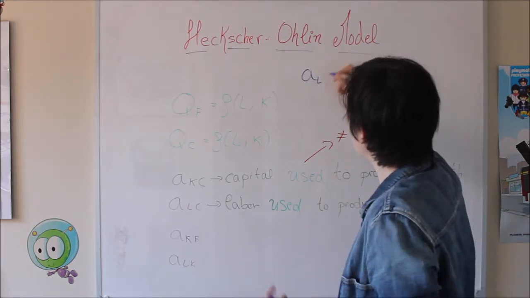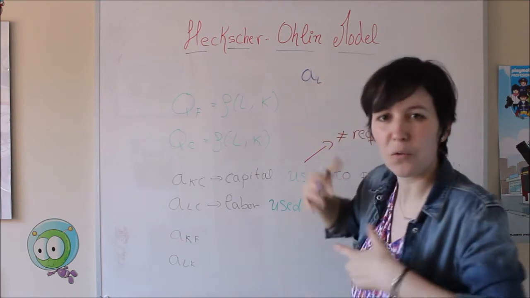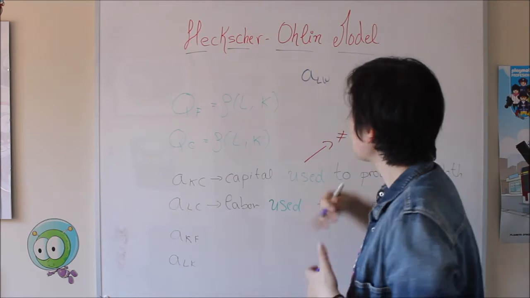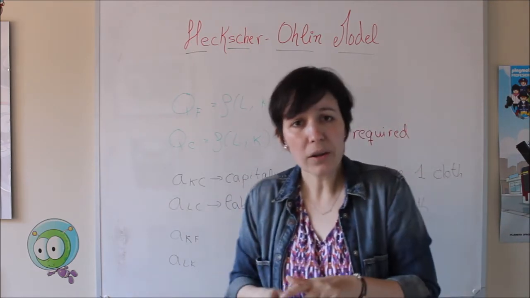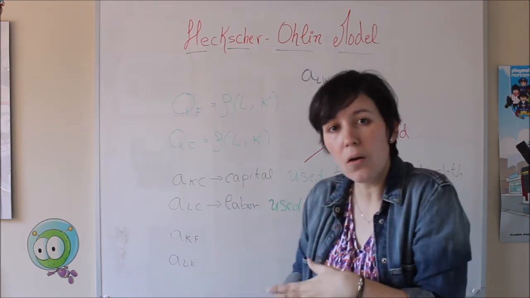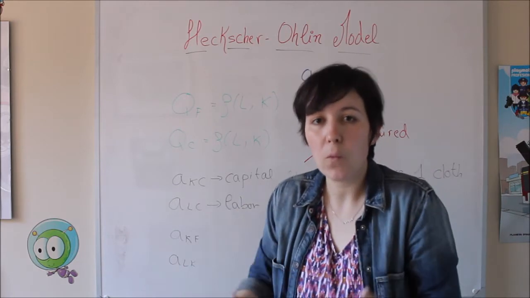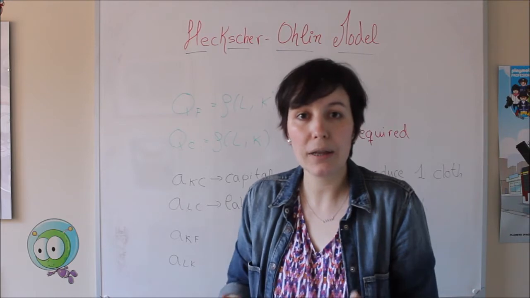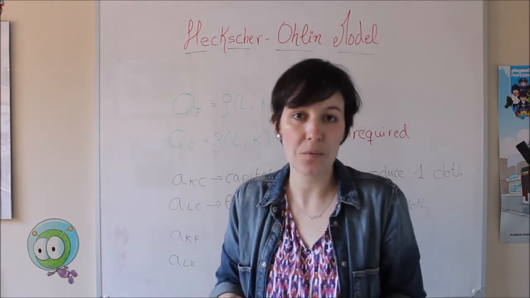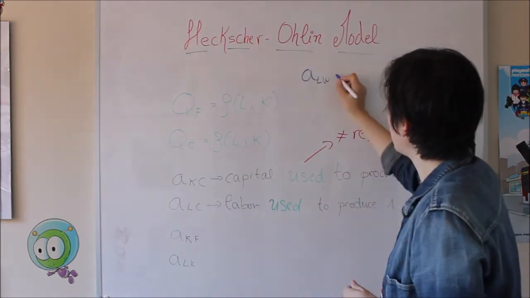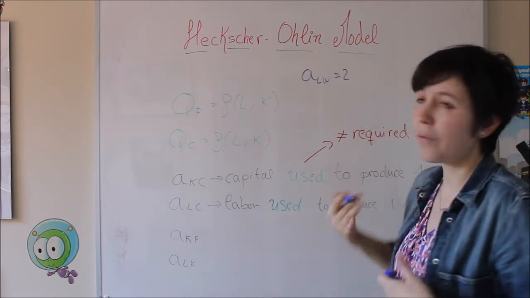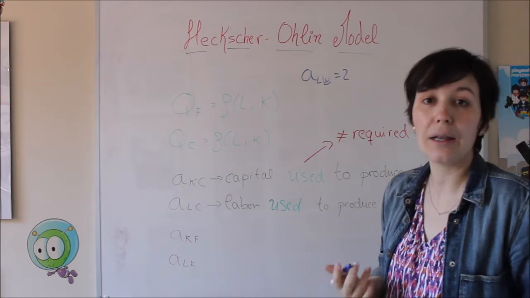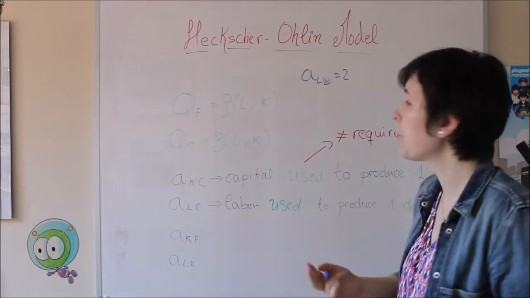And it was for two industries, for instance wine and cheese, I think. That meant how much labor I need to get 1 unit of output. So for instance, if this was 2, it meant that if I want to produce 1 unit of wine, I need 2 units of labor, okay?